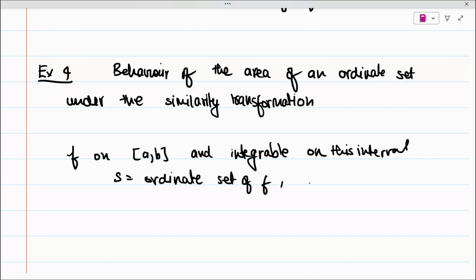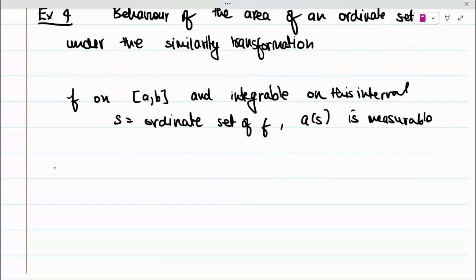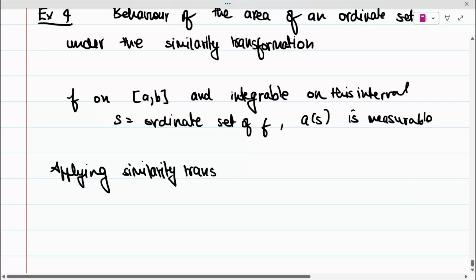And we know a of S exists and is measurable because of this. And we apply the similarity transformation through, giving G of S on this interval.